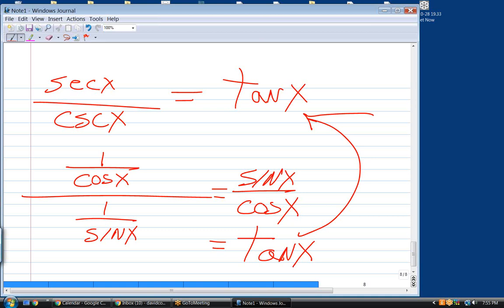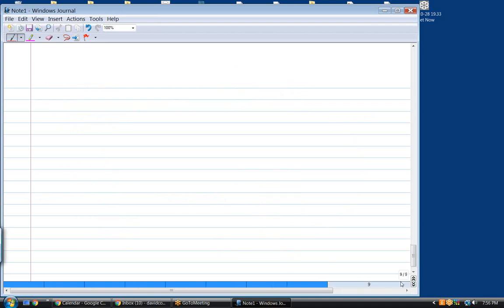Now, all the ones you've given me so far needed only the reciprocal identities, the quotient identities, and the Pythagorean identities, those 11. And so far, you haven't needed any tricks. In other words, we could do every single one of these by turning everything into sines and cosines. And that isn't always the best way to go.